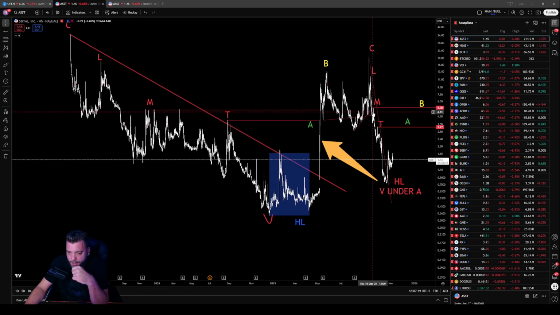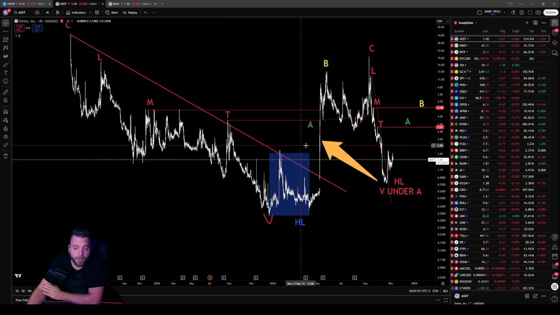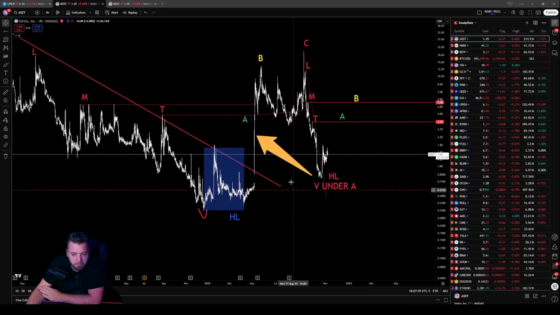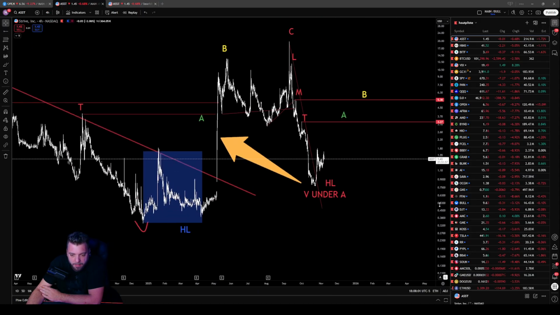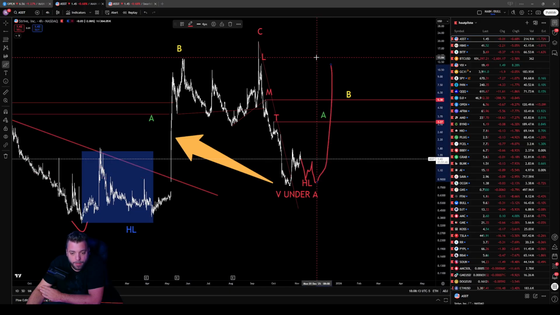Your M is very short here, your T is very short here, and your fall to your V is also way longer in the first one. So this could be short. You could just really go down, a little sideways, go up, one more low but higher than this, and then you go.